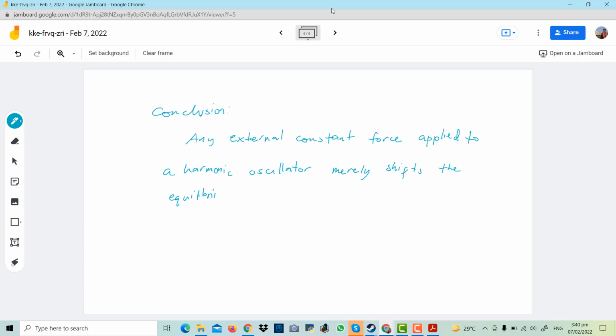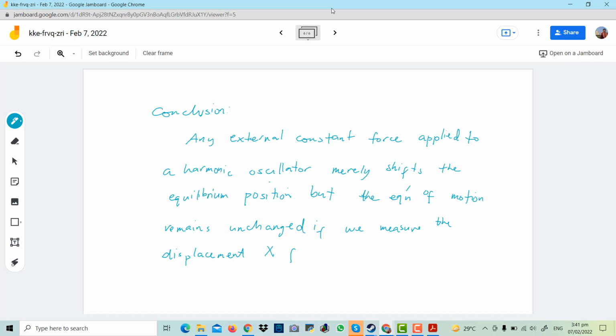So there is shifting of equilibrium position, but take note the equation of motion remains unchanged if we measure the displacement based from the new equilibrium points.